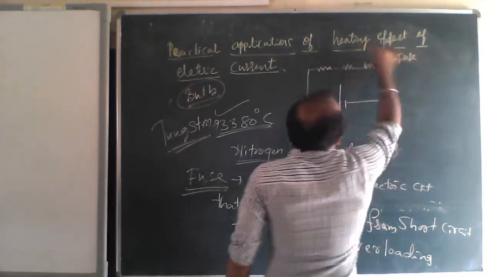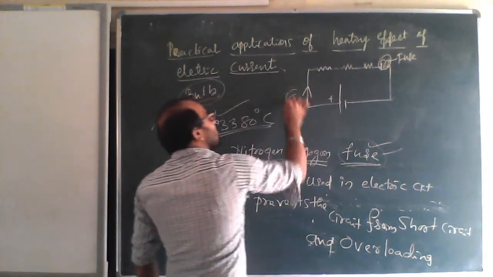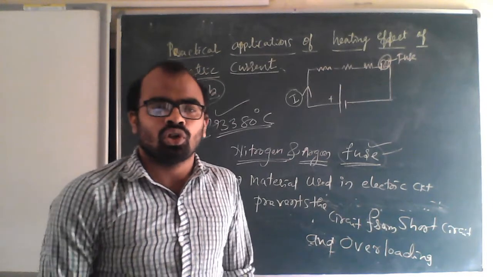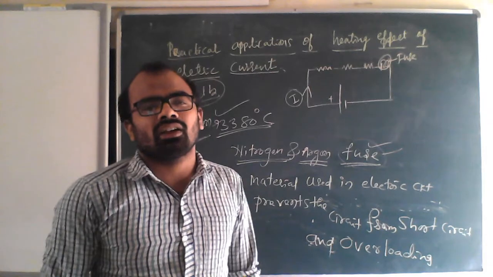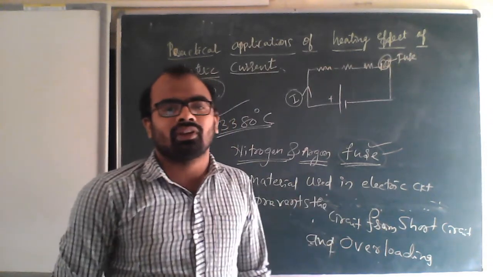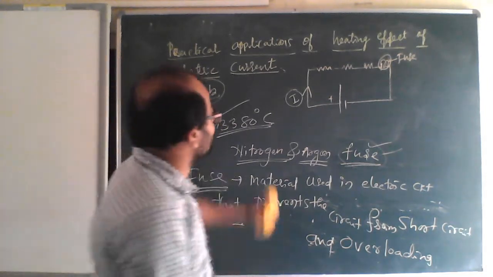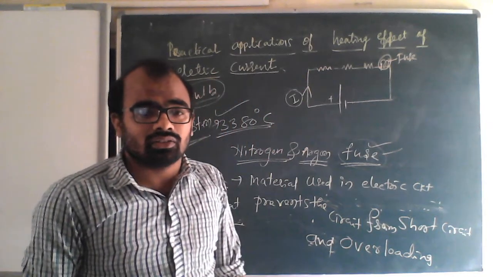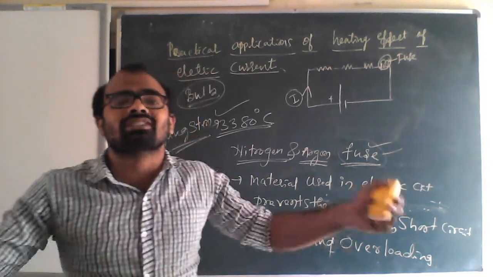So what happens is, when there is an overloading or short circuit, resistance becomes zero and a complete flow of current will take place. It is just like a pipe with water flowing in it: if the pipe breaks, water comes out. Similarly, here there is a lot of current flowing in the circuit. Short circuit means that current will come out and burning will start.